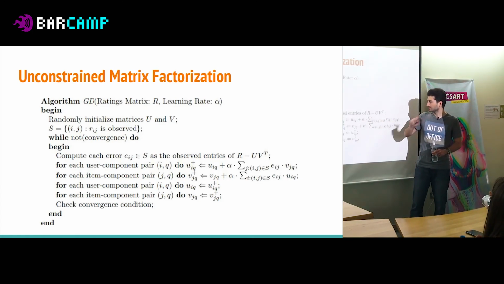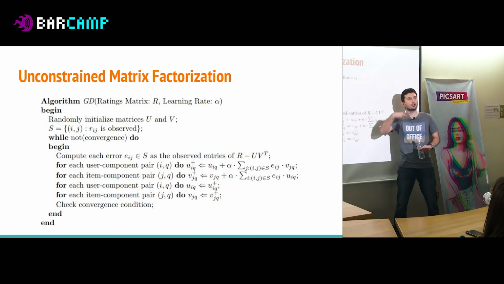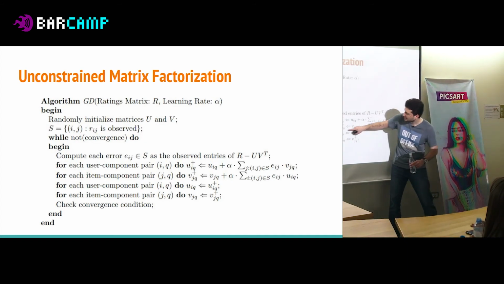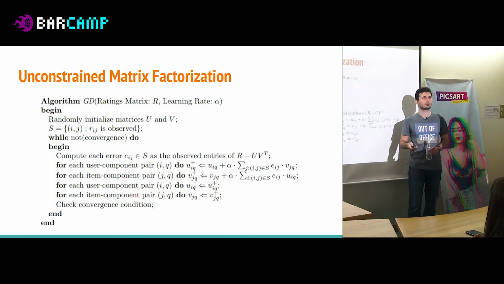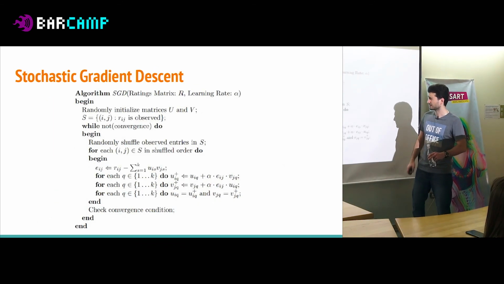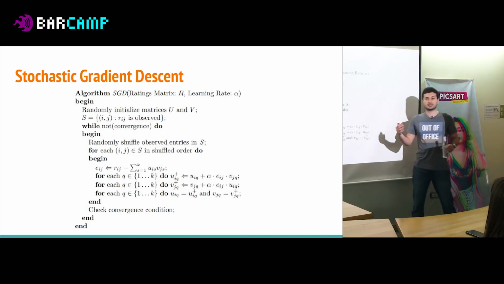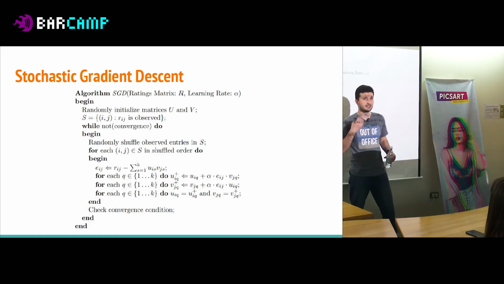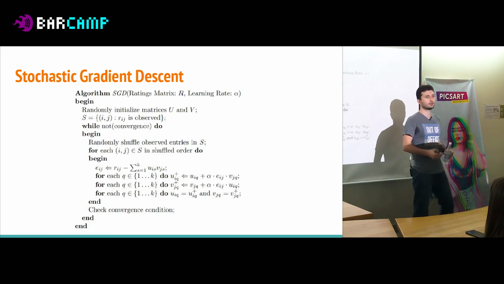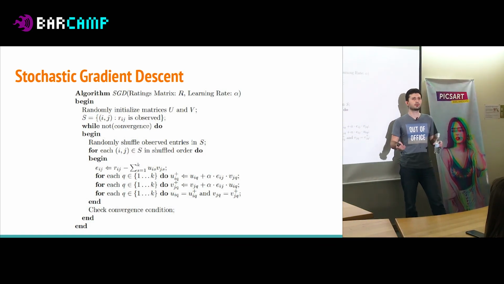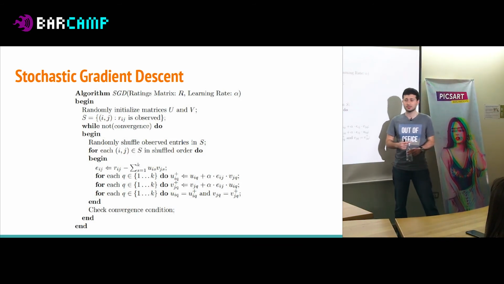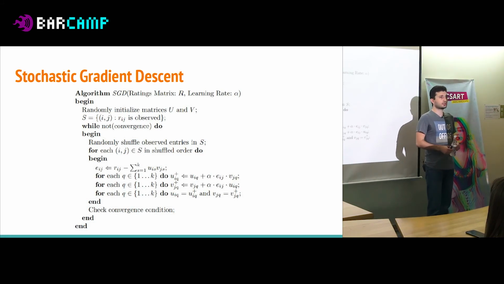We only accumulate those values and do not make the actual update, because the update is going to happen simultaneously. This is how gradient descent works. The problem here is that, as I said, M by K plus N by K could be a big number. We could have millions of users, and the same is true for items. This might make it computationally heavy.